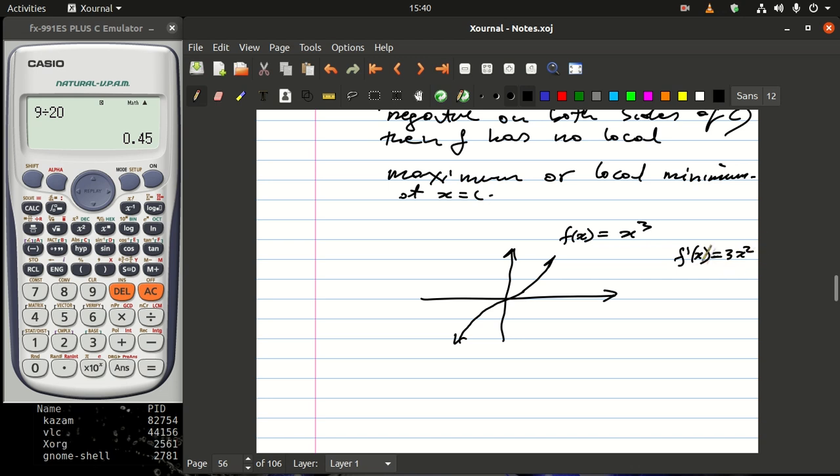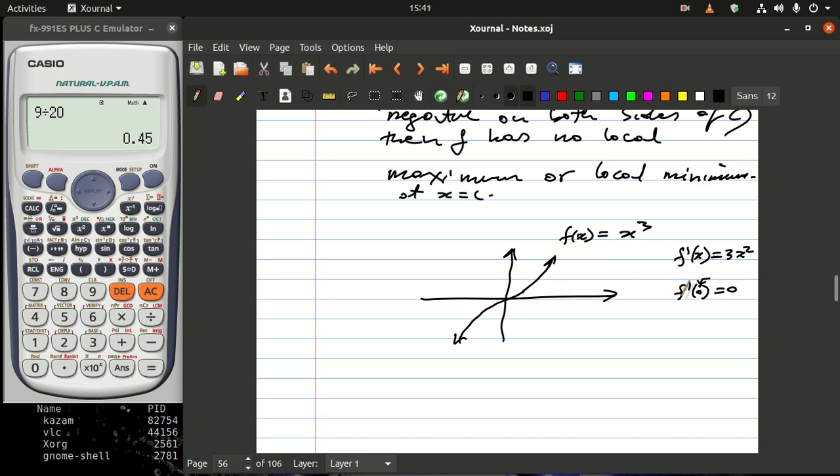When I set this equal to 0, I find that f prime of 0 is equal to 0. So 0 is one of the critical numbers, because by the definition of a critical number, we wanted the first derivative to be equal to 0, or to be undefined.